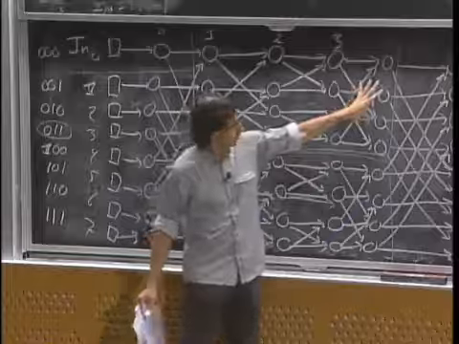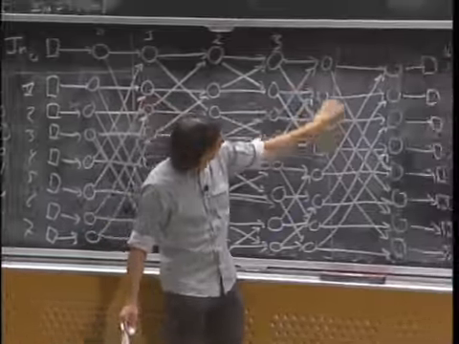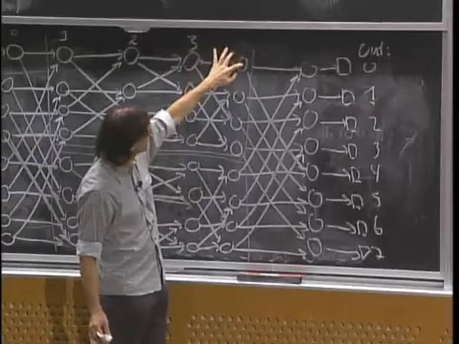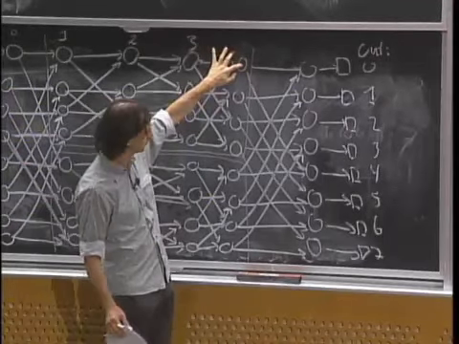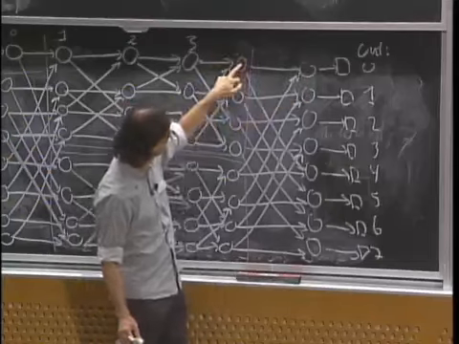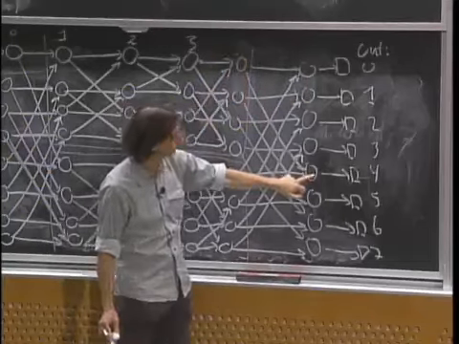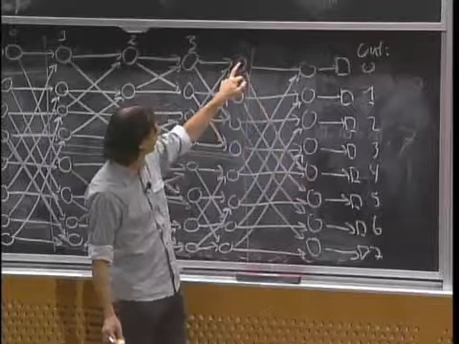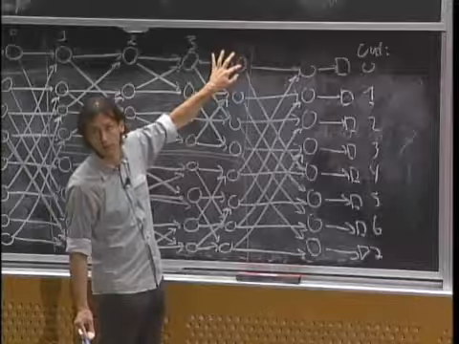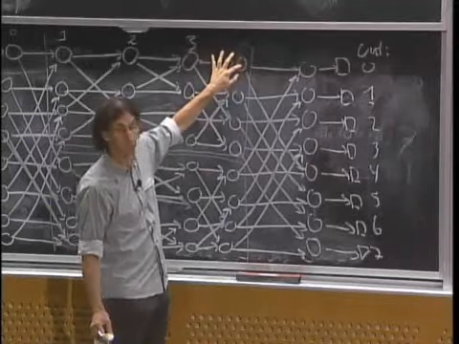Well, then I notice that both of these packets must arrive at this particular switch in order for one to be routed to output 0 and the other one to be routed to output 4. So in order to avoid congestion in this particular switch over here, we need to have a constraint.